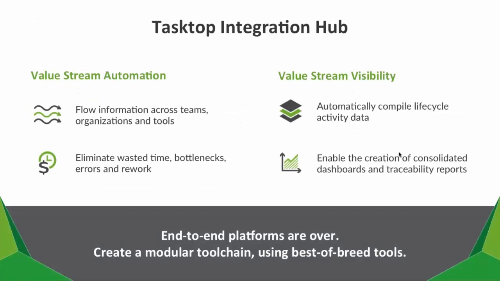So Tasktop is really about integrating your whole value stream. Today we're just going to look at a particular use case starting with vulnerabilities, but we can really connect all tools in your value stream, all the way from requirements to release tools to help desk tools. So again, you're eliminating steps in your workflow, which is allowing you to release better software faster.